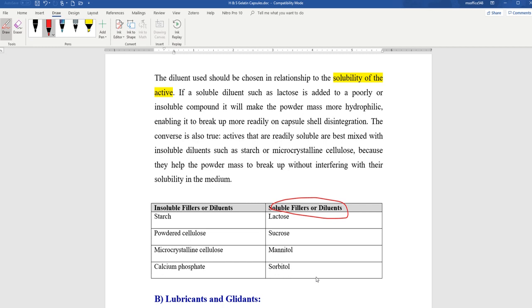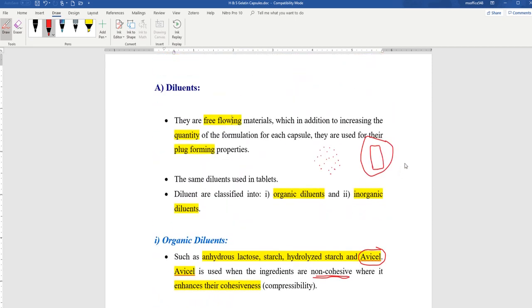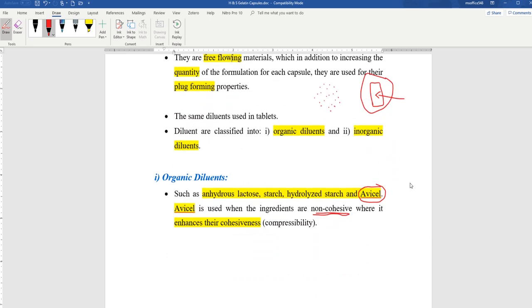They say that according to studies, if your drug is poorly soluble and your diluent is not soluble, in this case it will be difficult for the water or the gastric juices to get inside the plug. Let's go back to the plug, for the water to get inside and dissolve your drug. But if your diluent is soluble, this will allow the gastric juice to get inside and reach the drug.